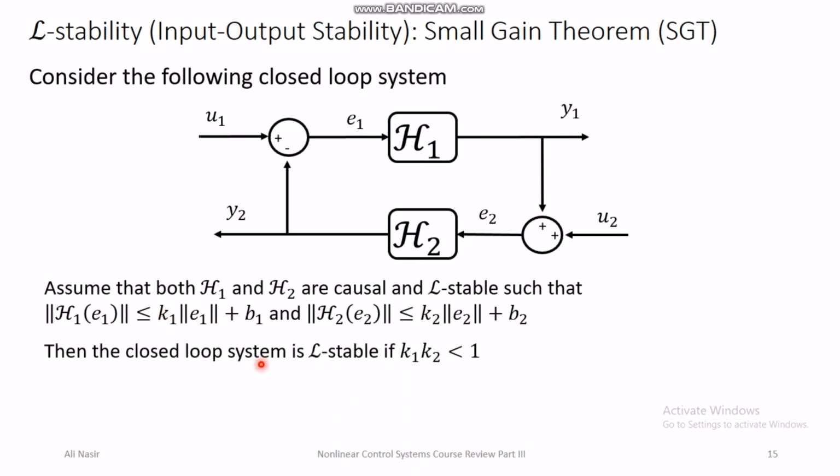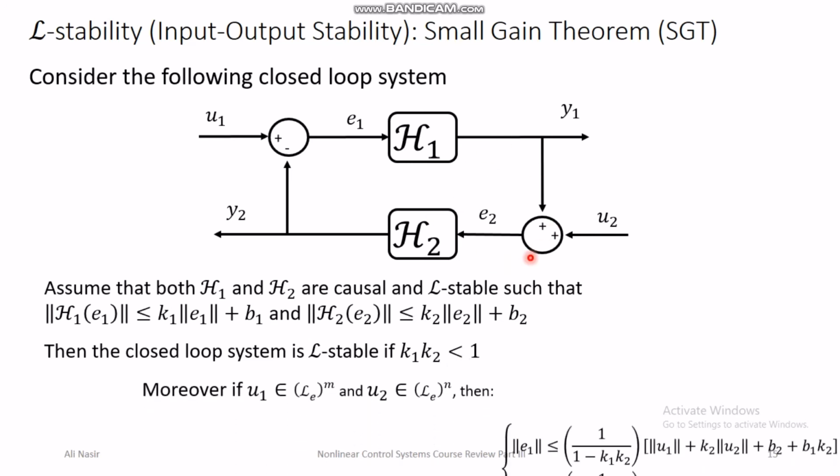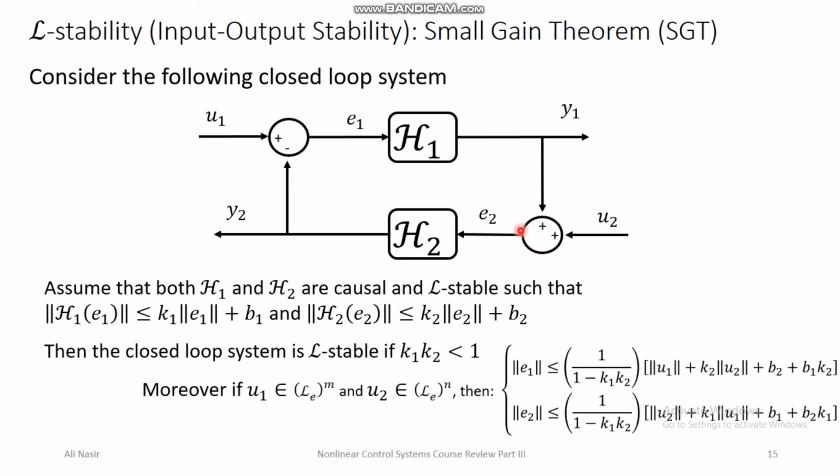If the product of the 2 individual gains is less than 1, only then is the overall feedback configuration input-output stable. You can also find the upper bounds on the magnitudes of inputs of both systems.